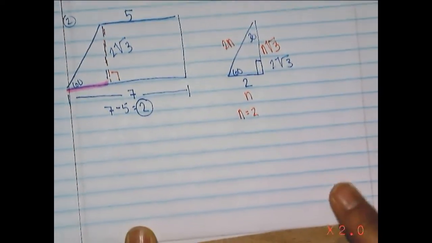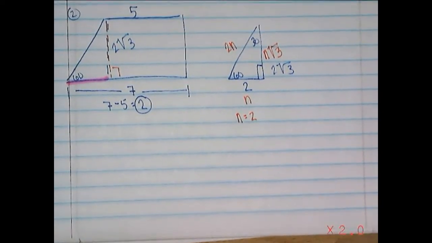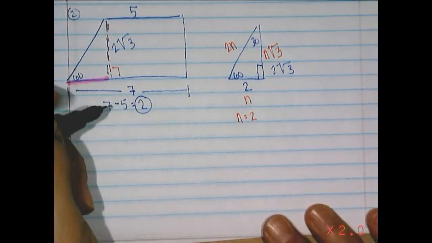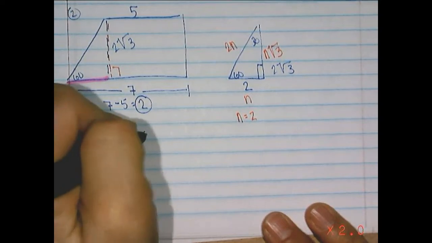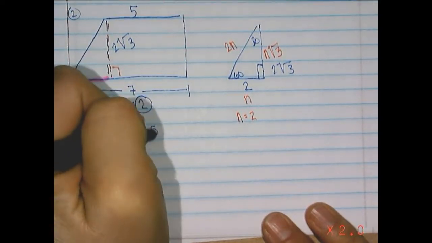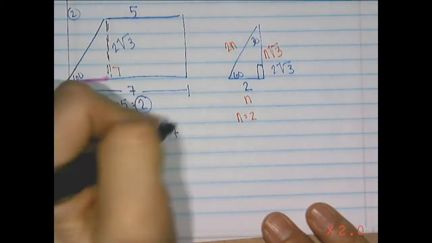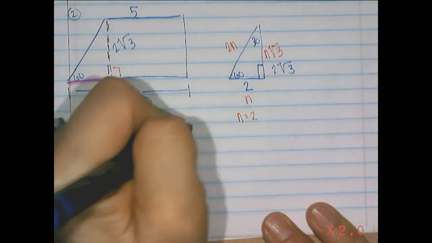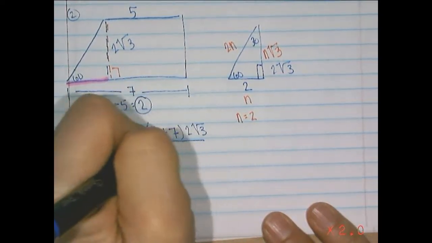Congratulations, I can now figure out the area of my trapezoid. I'm going to take my two bases, add them together, multiply them by my height, and divide by 2. So area equals 5 plus 7 times my height, 2 rad 3, all of that divided by 2.